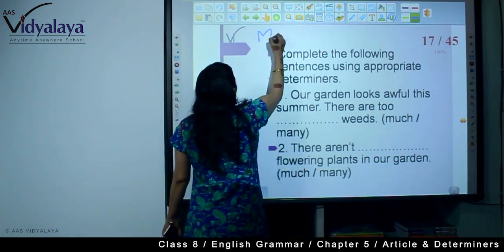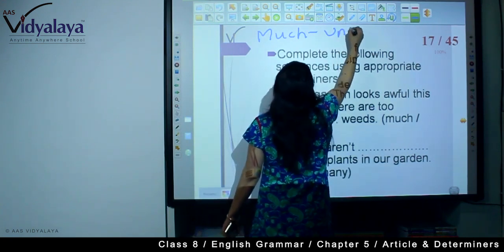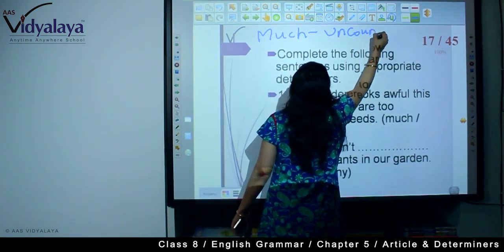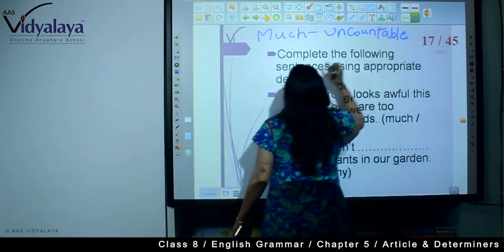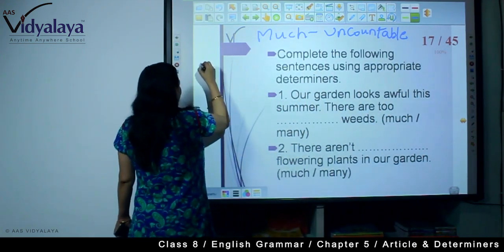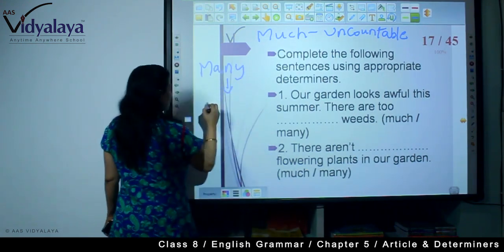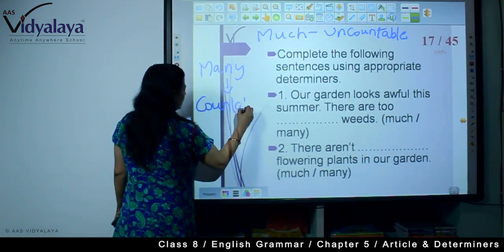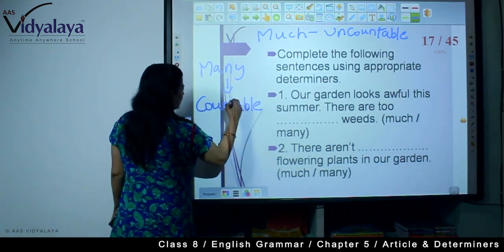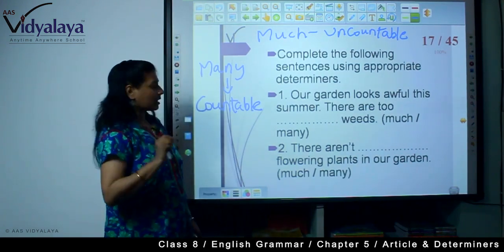Always remember, much for uncountable and many for countable. So that is much for uncountable, many for countable.